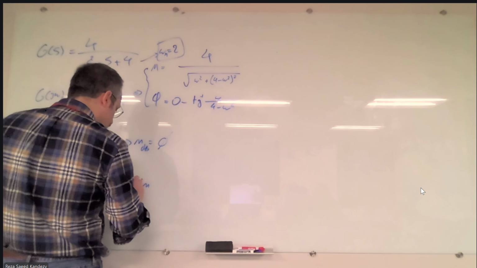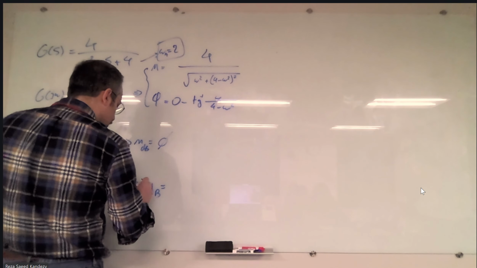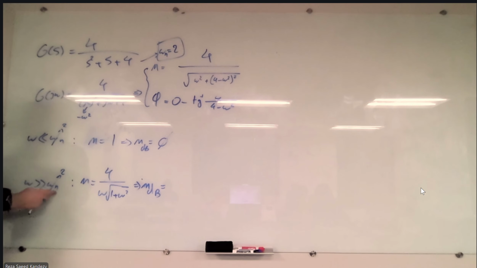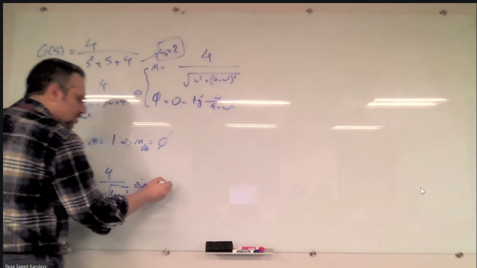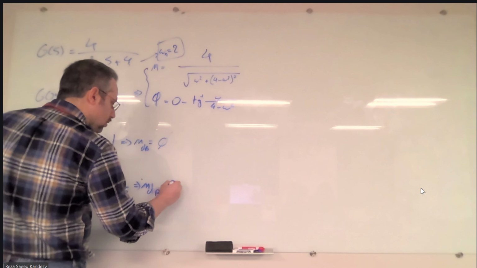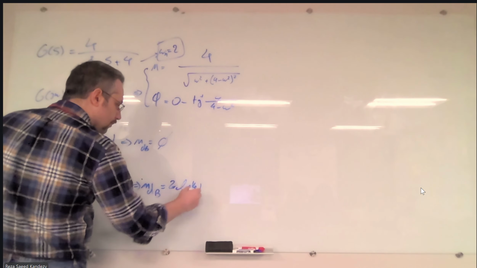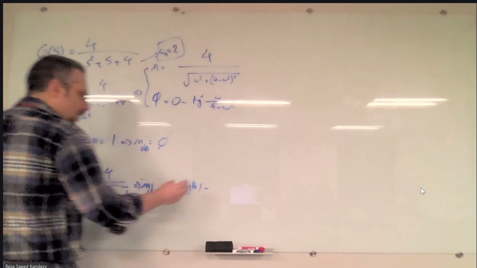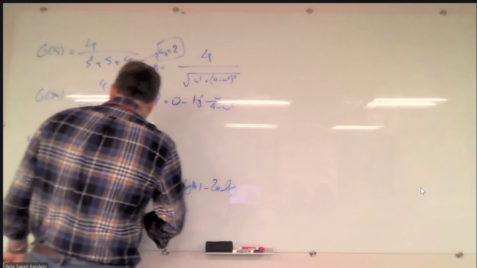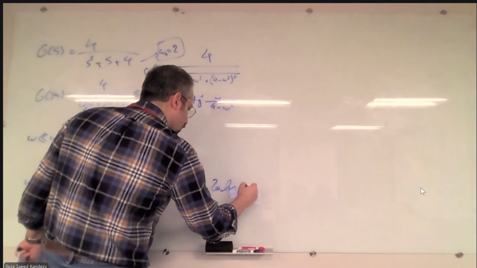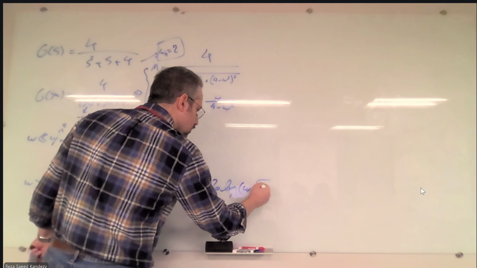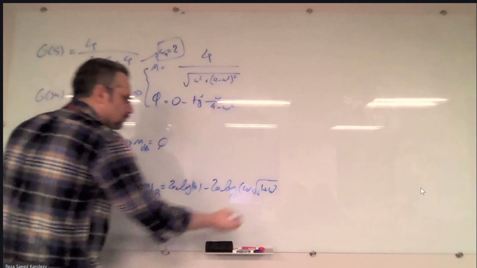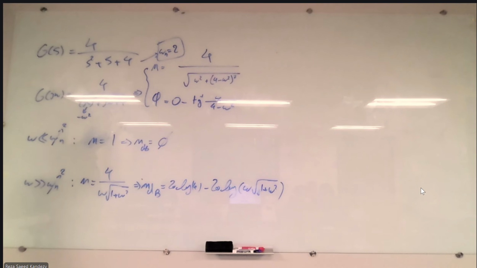The decibel of our M for omega bigger than the cutoff frequency, omega n, is going to be the numerator, which is 20 log of 4, minus the 20 log of omega times the square root of 1 plus omega square. Any question?